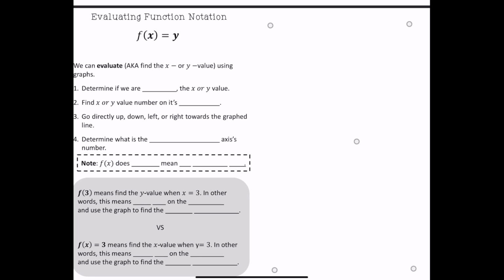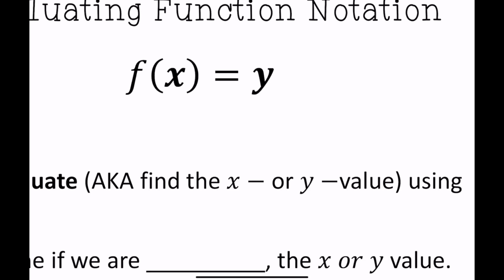All right, so here's our notes. This is going to be page 32 in our notebooks. This is evaluating function notation. So we have f of x equals y. This x right here is going to represent the x number, okay?